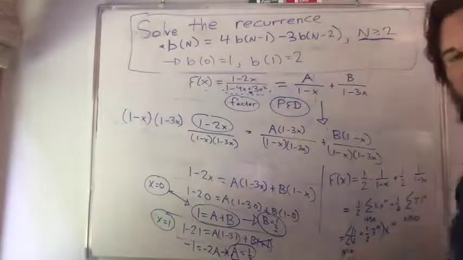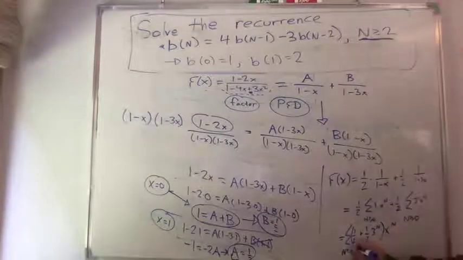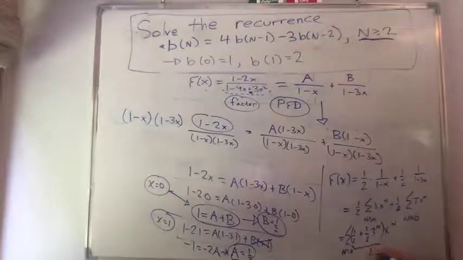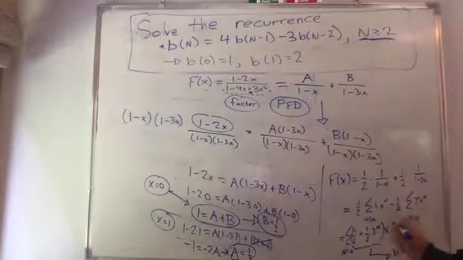And remember, the entire point of this was that whatever we wound up with as the coefficient was equal to b of n. So we've solved our recurrence.